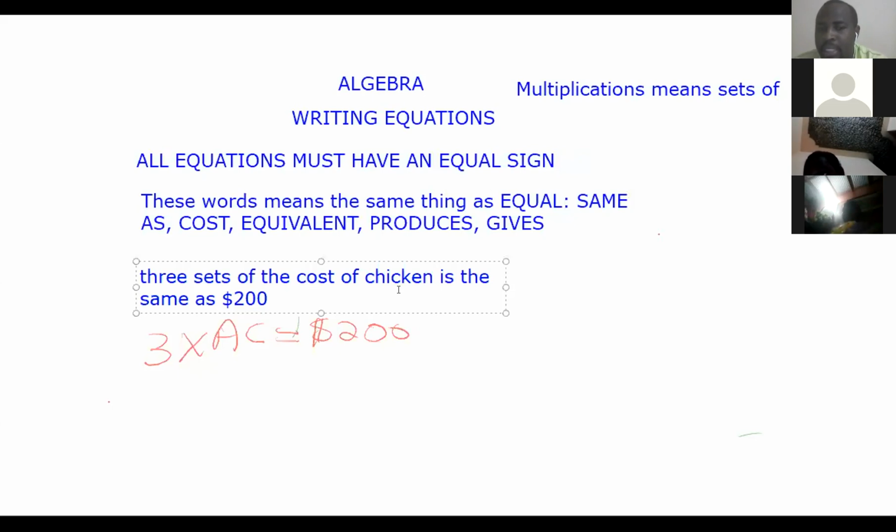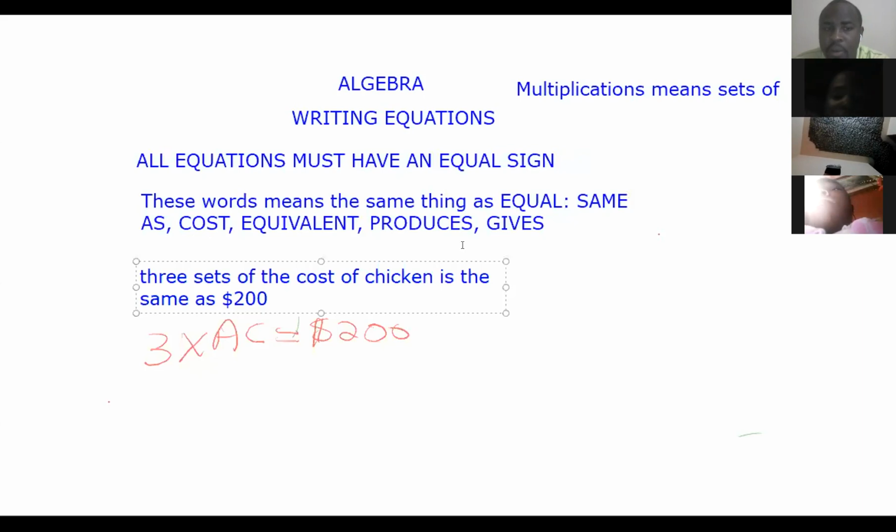When you see the words same as, it means equal sign. When you see the word cost, depending on the context in which it is used, it means equal also. The word equivalent also means equal. The word produces means equal. The word gives means equal. Okay?